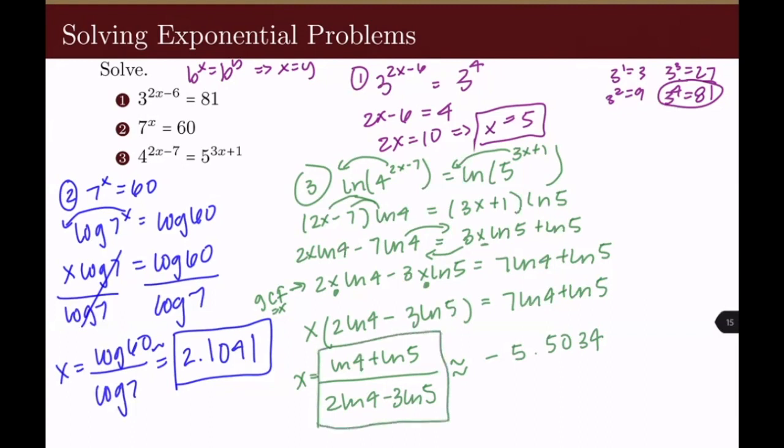We don't like to approximate in math. Yeah, that's it. So just remember when you have two different bases with complicated exponents to take the ln of both sides and then get all of your x's on one side, factor out the x, and then you divide by what's left over, and that's it. Not too bad, right?